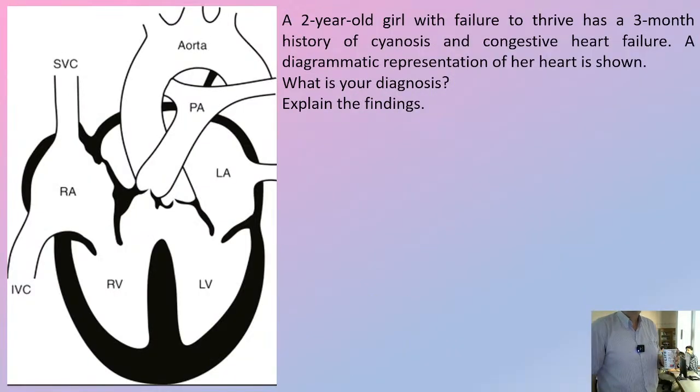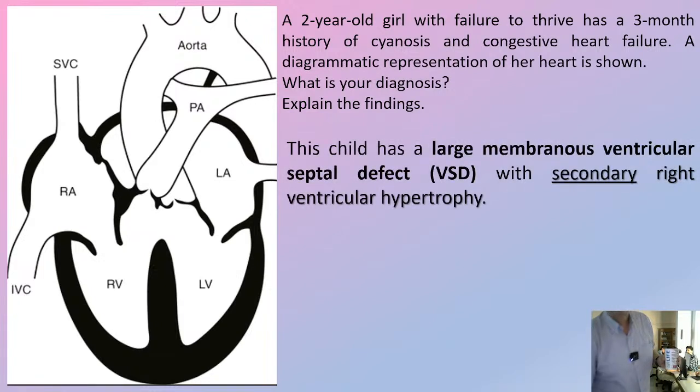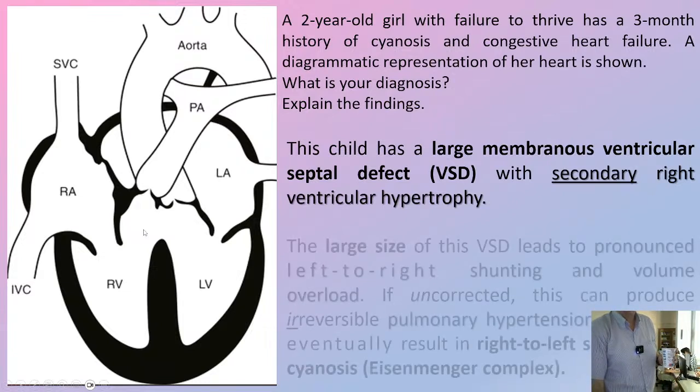Here is another case. We have cyanosis and congestive heart failure. So cyanosis is a sign of right to left shunting. So let's see what happened here. There was a large ventricular septal defect, and we had ventricular hypertrophy.